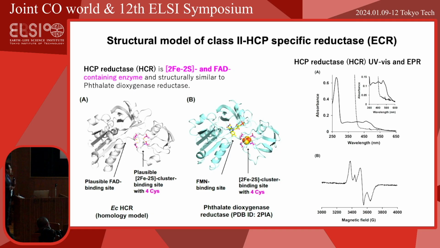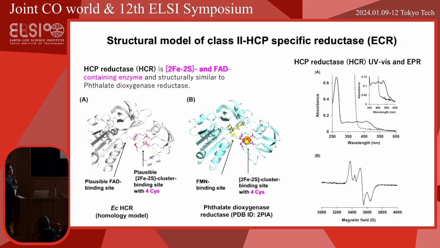Then we are curious how the redox partner, HCR, can interact with the class 2 HCP. Unfortunately, the crystal structure of HCR has not been solved yet, but we can easily model the protein structure by using the homologue here, fumarate dioxygenase reductase.